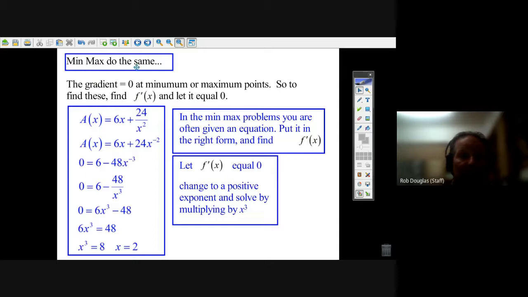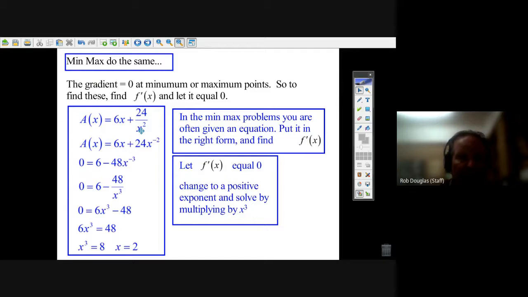The min-max thing, it always works like this. They give you some formula at the end. They say, show that this is true, demonstrate, or whatever. And then they say, find the x value that'll be minimum or maximum. And all you do is take the derivative. Well, the first thing, they often have it like this, like when you do one of those area or volume things, the formula is 24, say, over x squared.